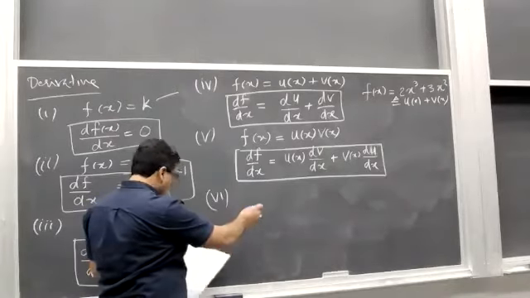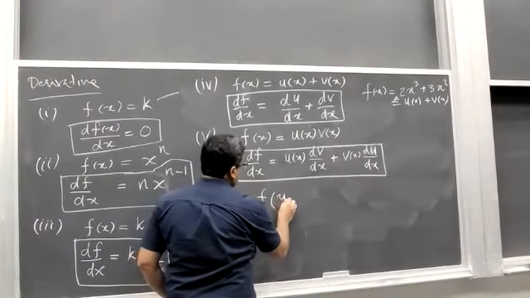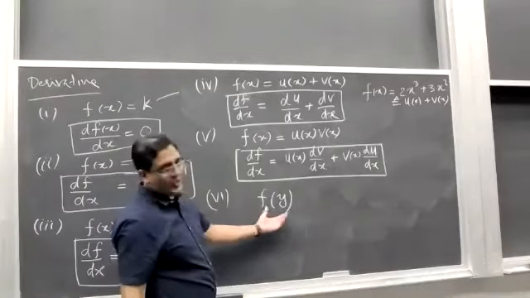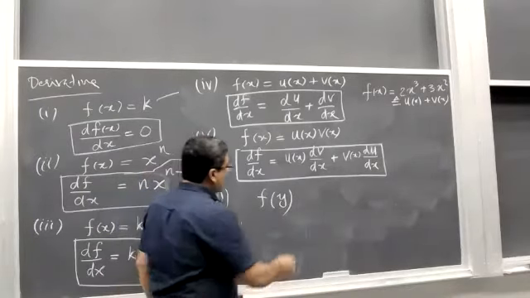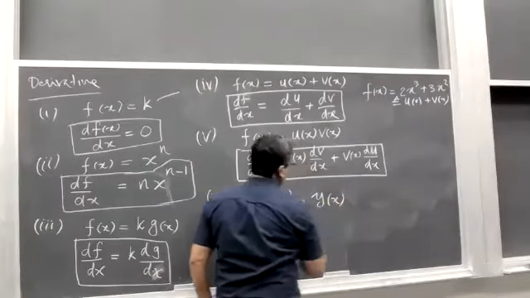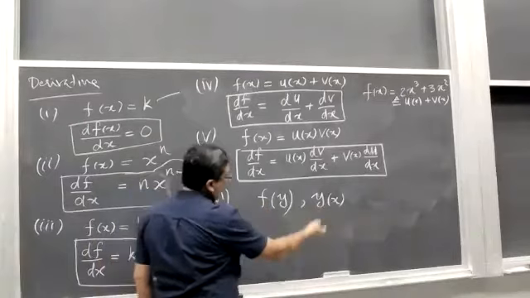So we have the chain rule, which says that if you have a function of another function, so let's say f is a function of y and then y is a function of x. Okay, so we have a function of a function.